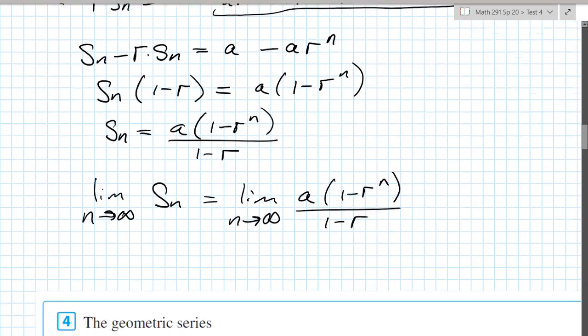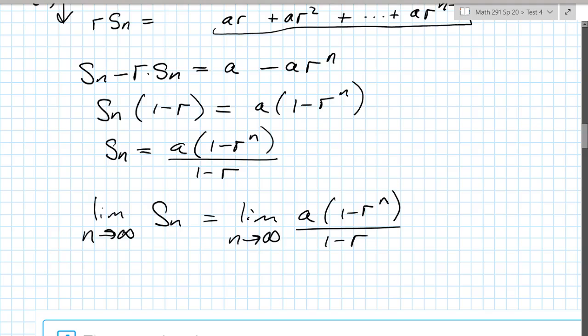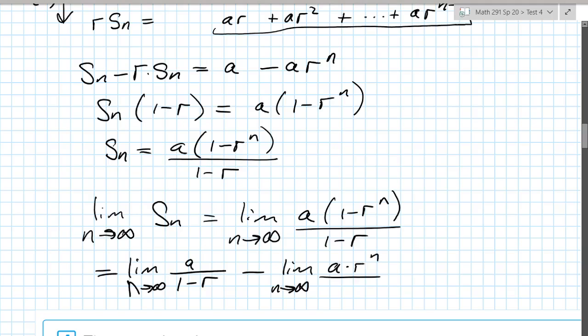So we'll just use some of our limit laws to simplify this, which gives us the limit of, we can distribute that a back in, and we have the limit as n approaches infinity of a over 1 minus r minus the limit as n approaches infinity of a times r to the n over 1 minus r.